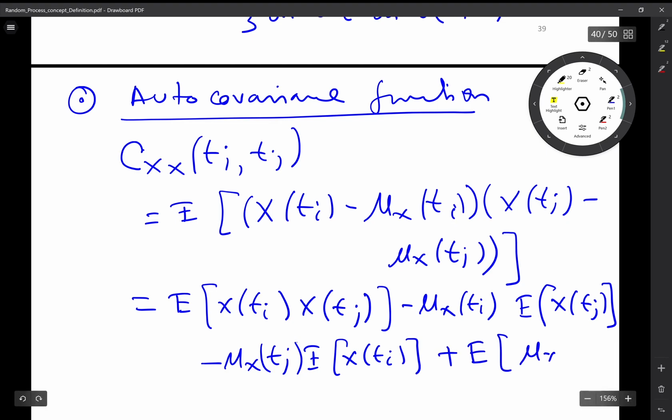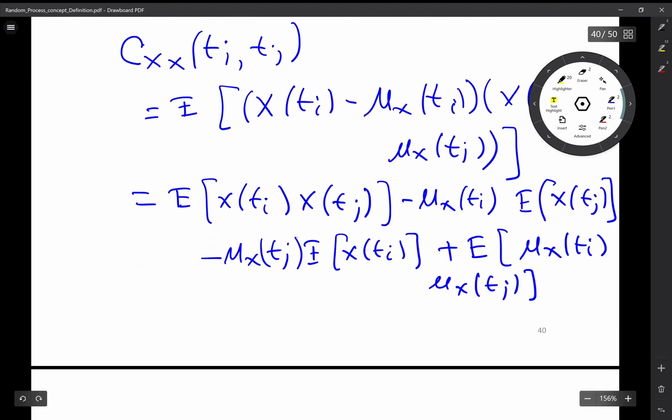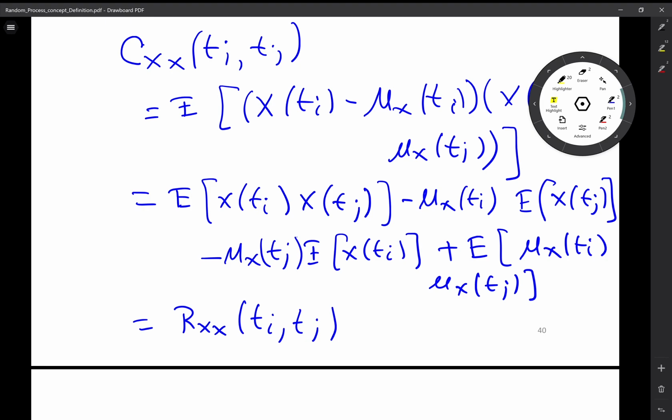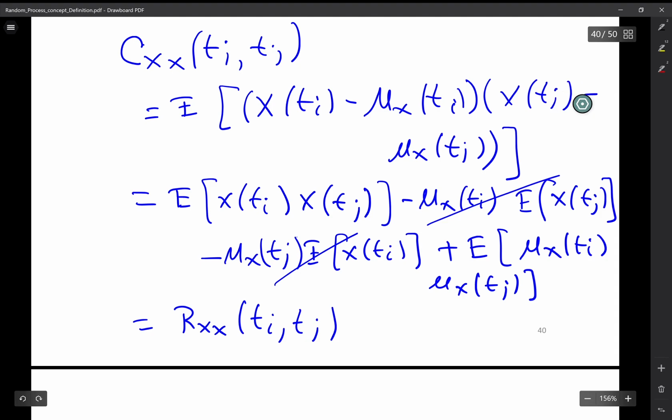E of x(ti) x(tj) is Rxx(ti, tj), we know. This one, mu x(ti), mu x(tj), and mu x(ti), both will cancel out. Look at this.